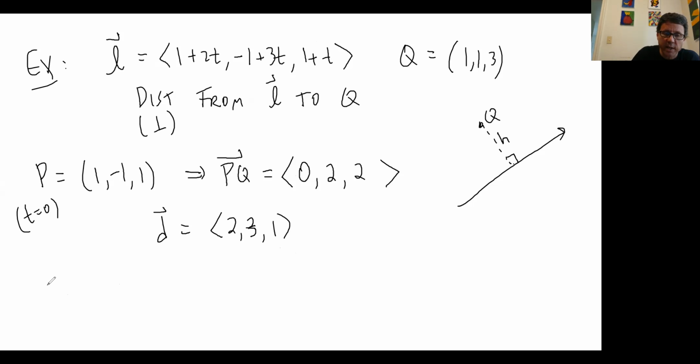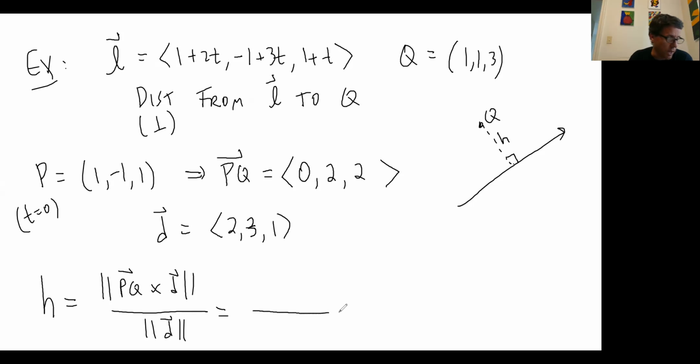But if you can, then it turns out that the distance that I'm looking for from Q to the line is just the length of, I have to find the cross product of those two things, and then length it, and then divide by the length of D. And that'll give it to you.